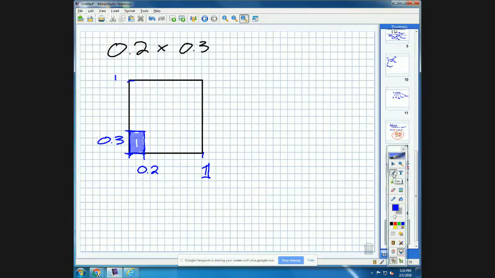Now, one interesting thing when we go into multiplication: multiplication means we're going from linear measurements to an area measurement. So that means this whole thing is 1 square unit.